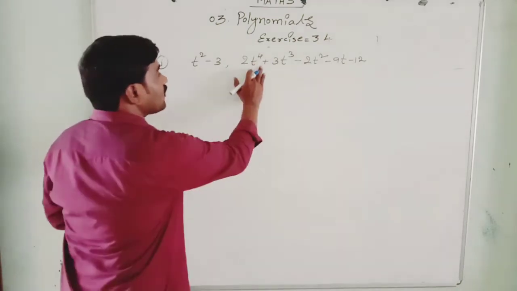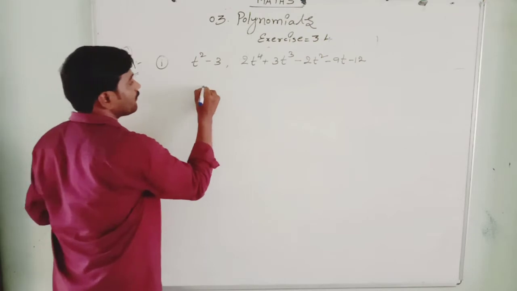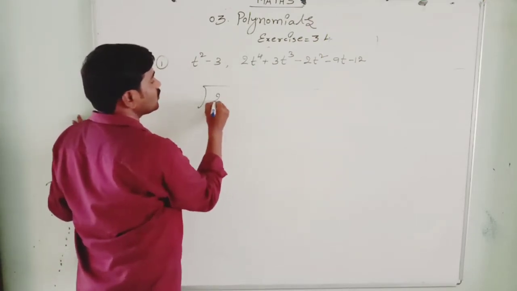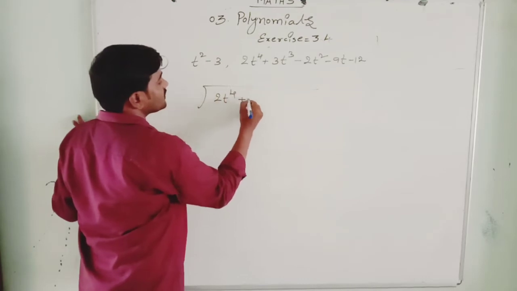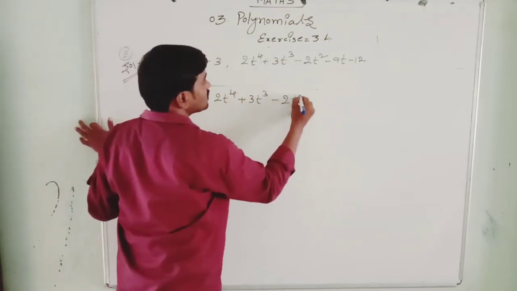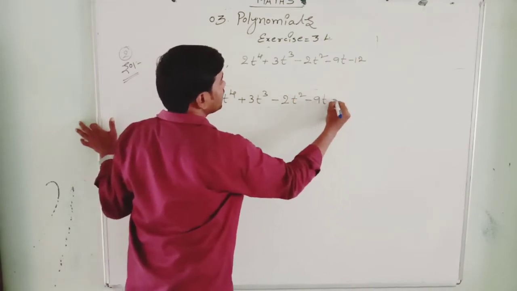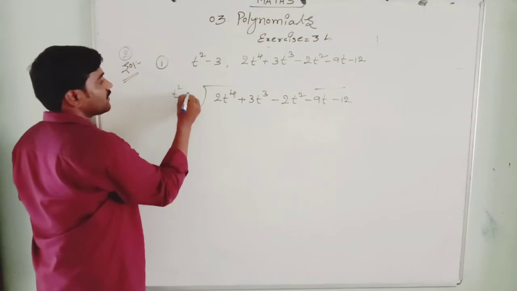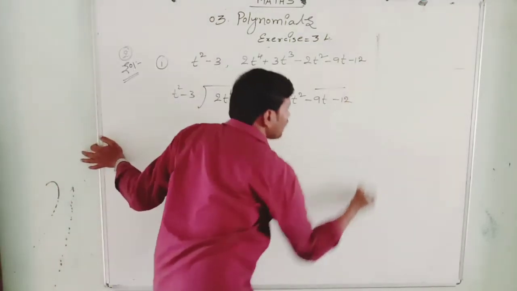To check that, we have to divide the second polynomial by the first polynomial. Same division we have to do again. t square minus 3. Do the rough work now.